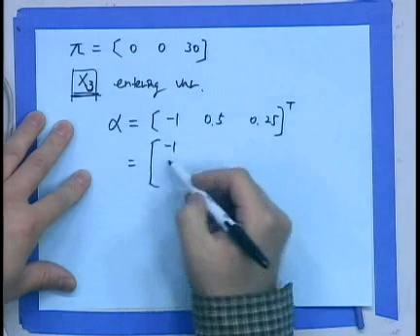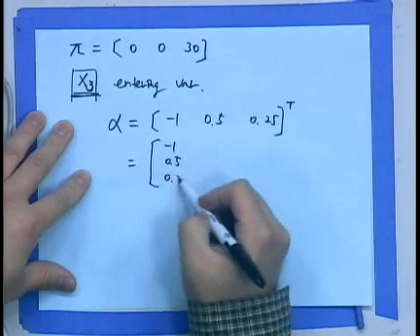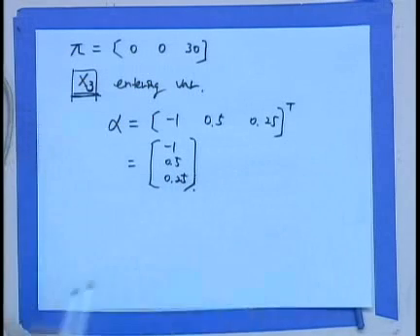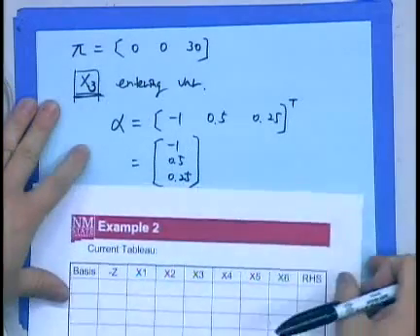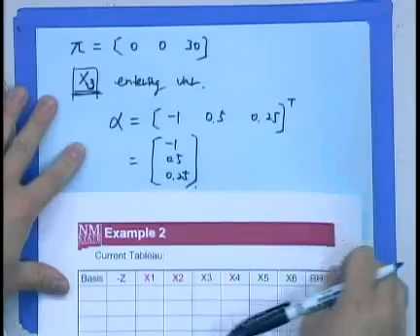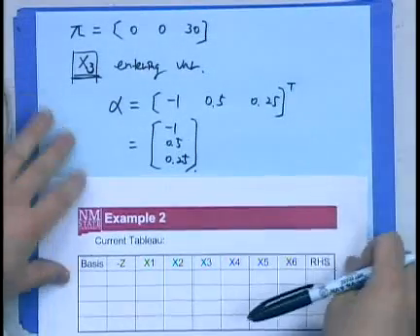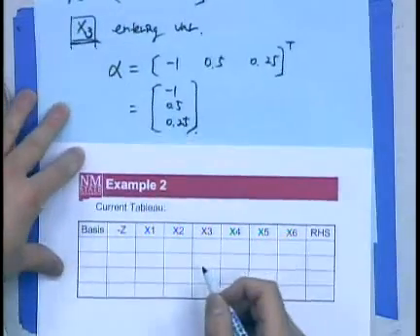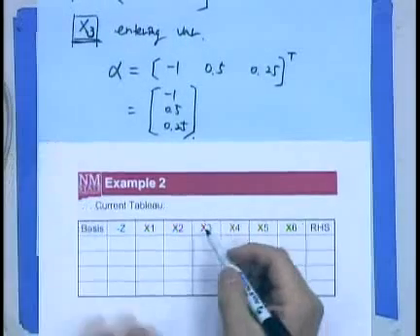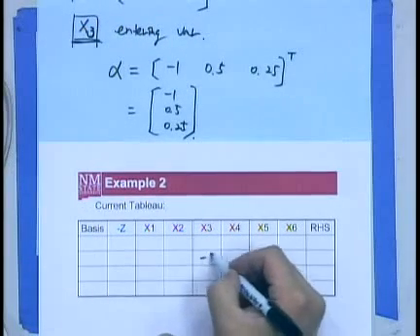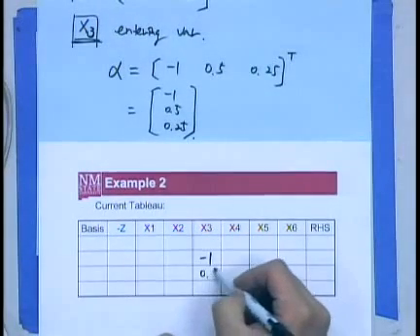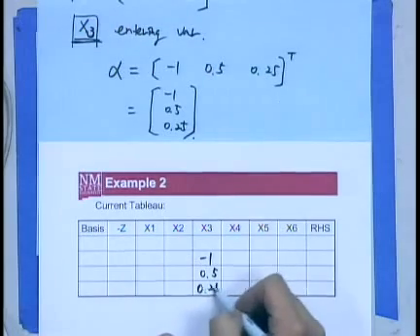The alpha was like this. Which means the alpha values go to here, right? -1.5, 0.25.